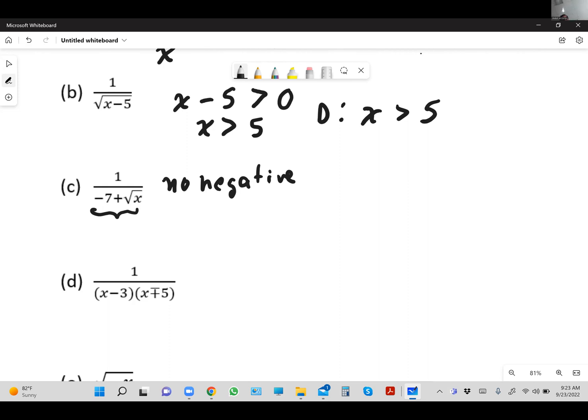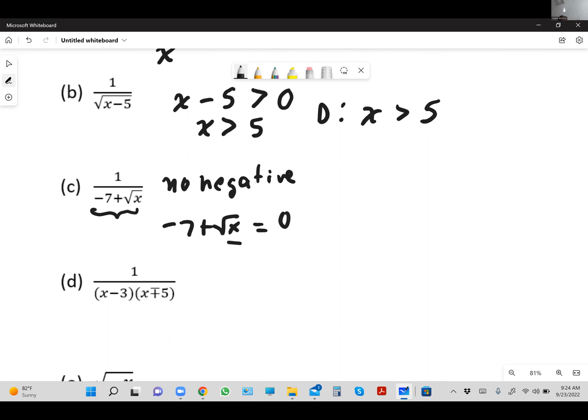When is -7 plus the square root of x equal to 0? When the square root of x equals 7, so x must equal 49. So x cannot equal 49. x can't be negative, but x could be 0 here, because when I put 0, it's just -7. It can't be 49, but every other value it could be. So I would say x must not be 49.